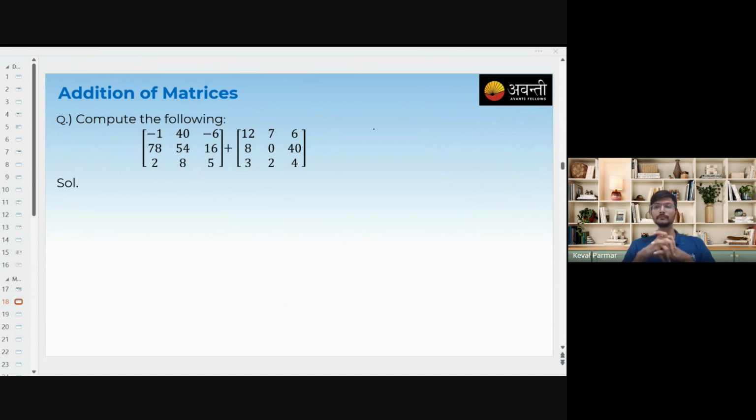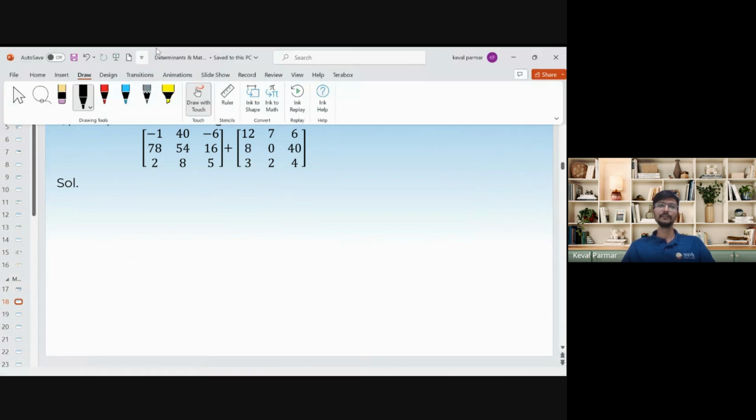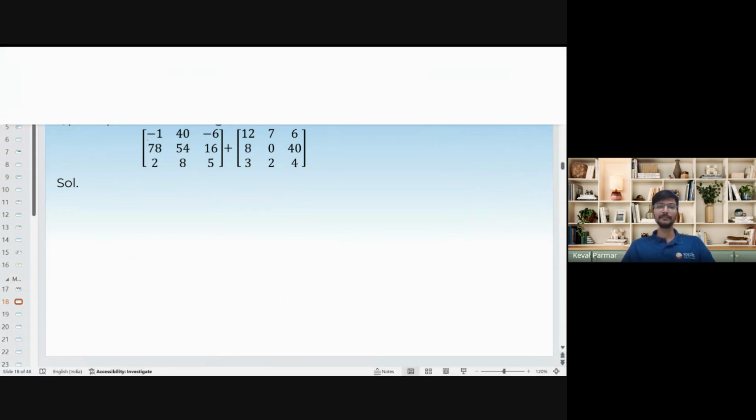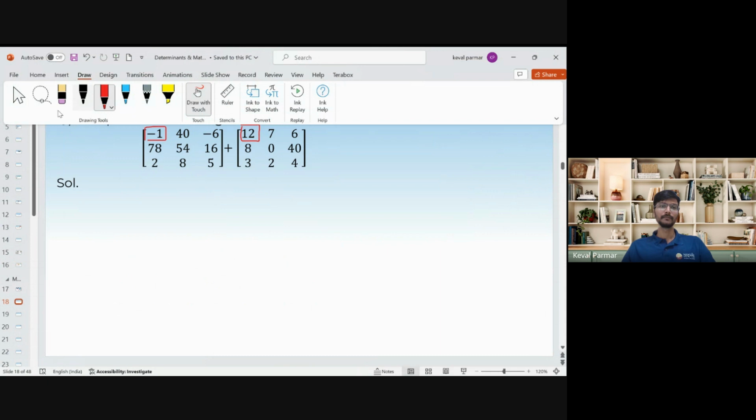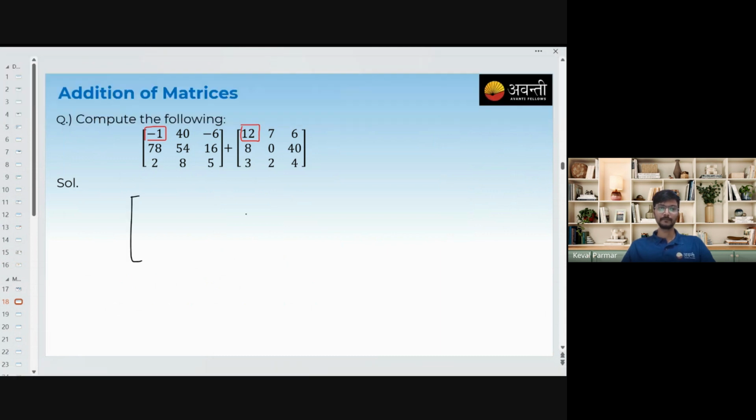How to add? I'm waiting so that you can give the answer. You want me to solve? Just add the corresponding elements. That means 1 will get added with 12. So we'll get 1 plus 12, 13. 40 plus 7, 47.